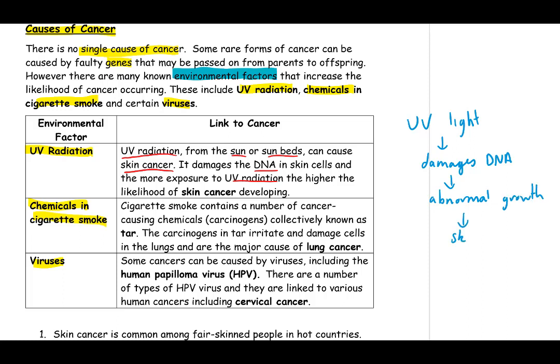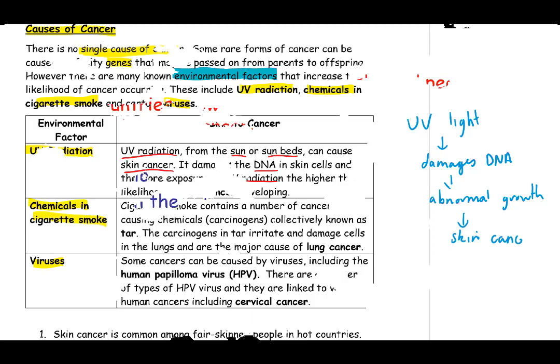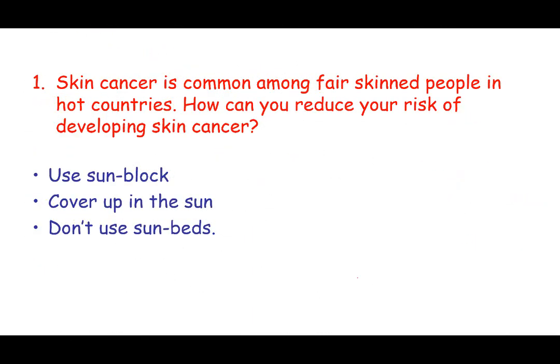That will then lead to skin cancer. Now, skin cancer is common among fair-skinned people in hot countries, and this is how you can reduce the risk of developing it. You can use sunblock, cover up in the sun, and don't use sunbeds. So basically, decrease exposure to UV rays, and that decreases the chances of getting skin cancer.